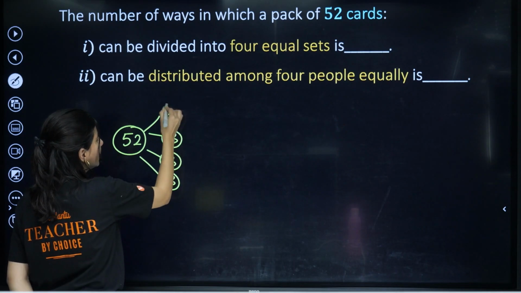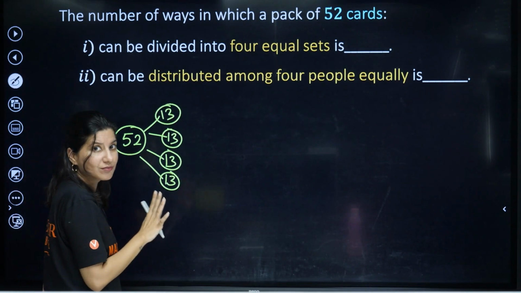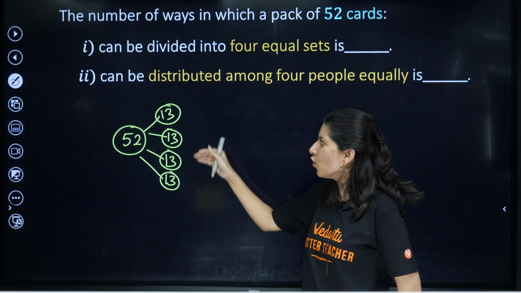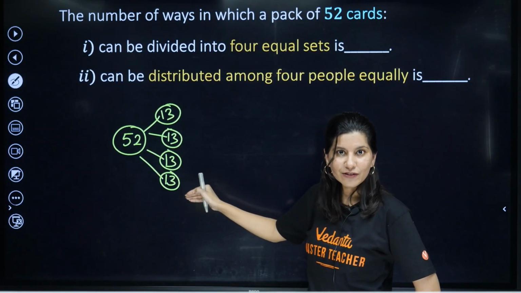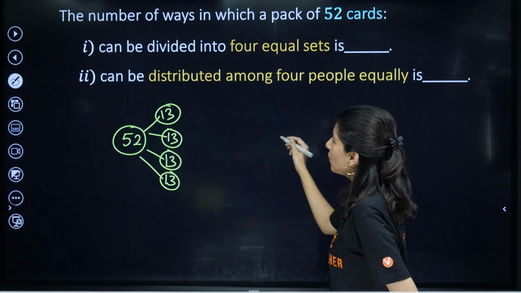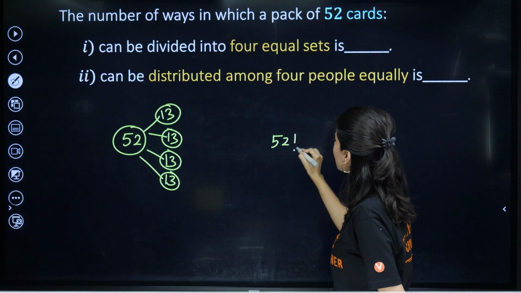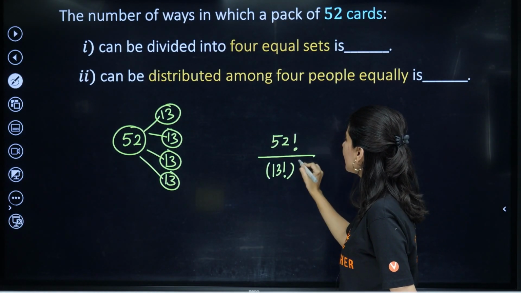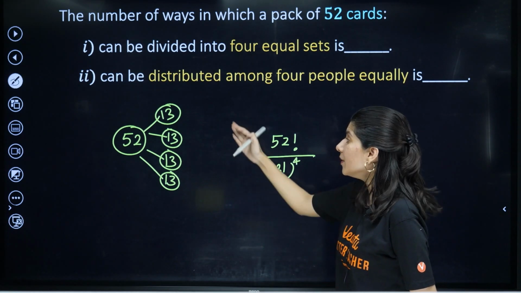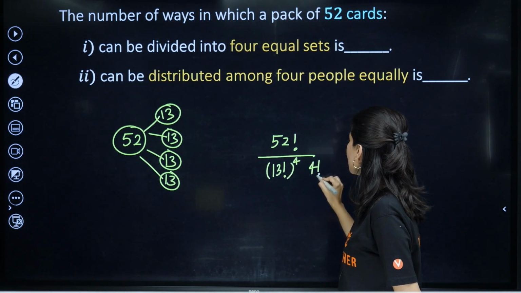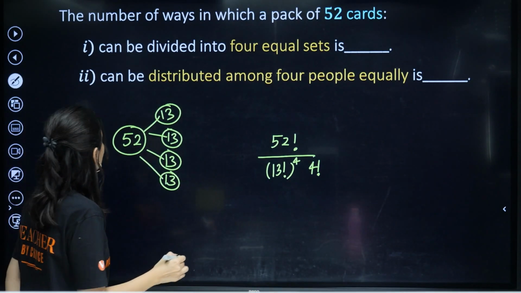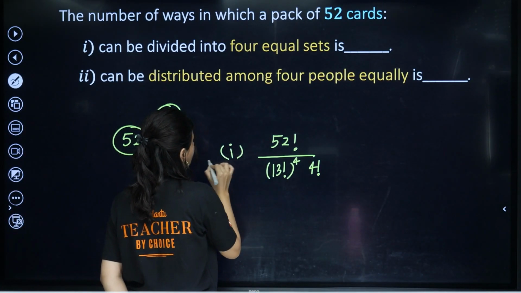Obviously, all the 4 things should add up to 52. You can't do 13, 1, 1, 1, 1. What will be the answer, ma'am? 52 factorial upon 13 factorial 4 times. How many equal groups are you seeing? 4 factorial. Okay. So this is the first answer.